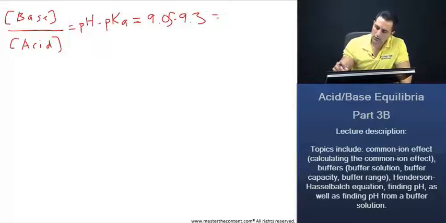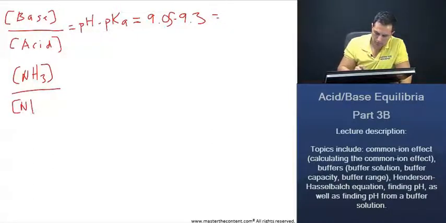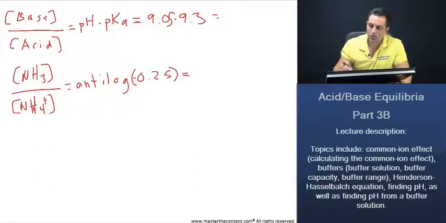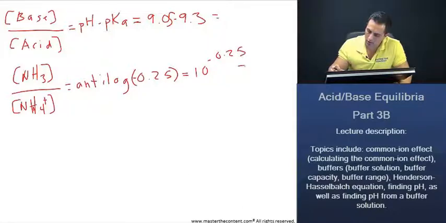This is actually going to give us the antilog. Let me first write the base in. So our ammonia over our ammonium. Perfect. And that is going to give us our antilog of negative 0.25, which we can rewrite as 10 to the negative 0.25, which is actually equal to 0.56.